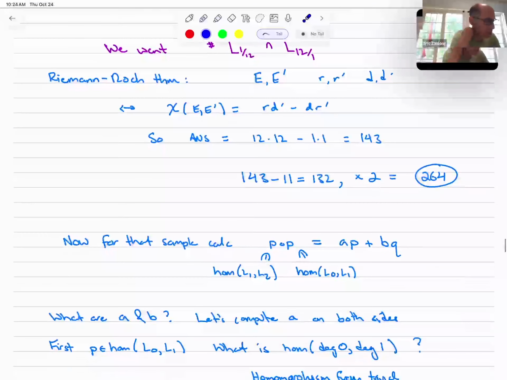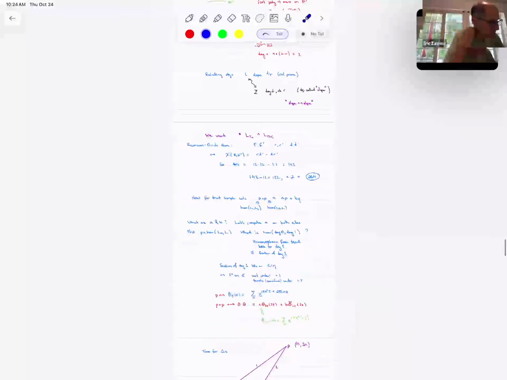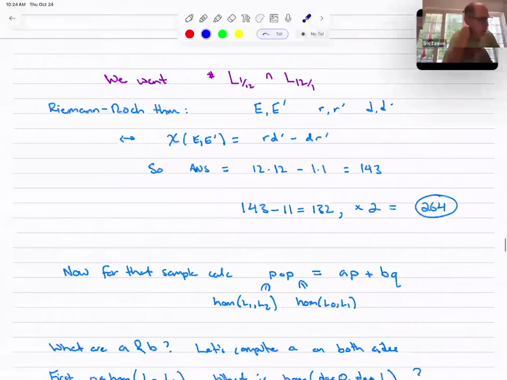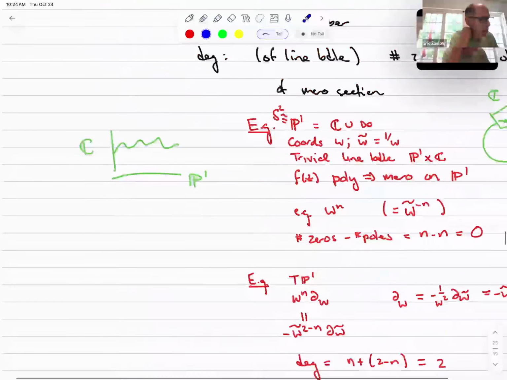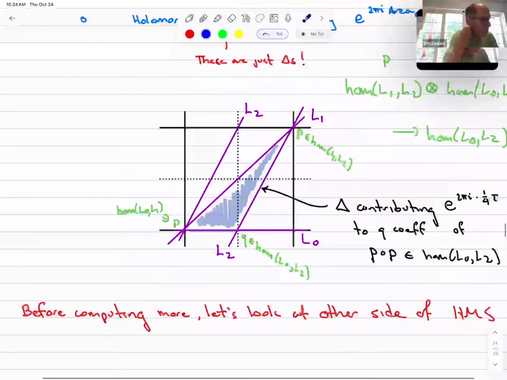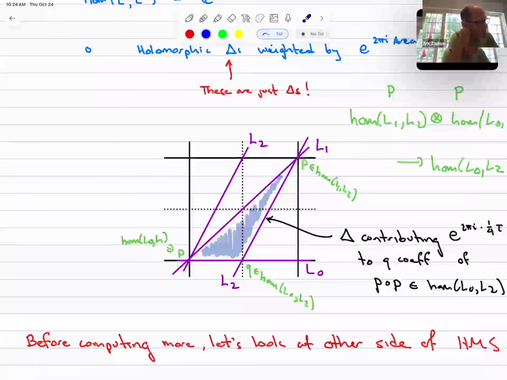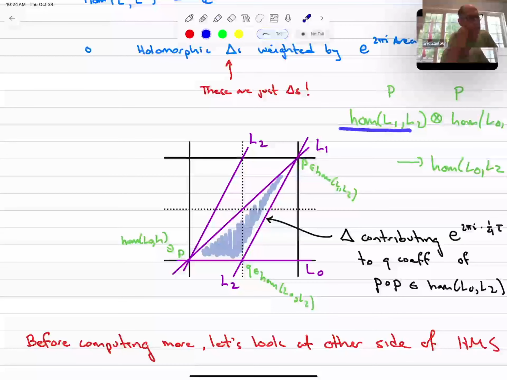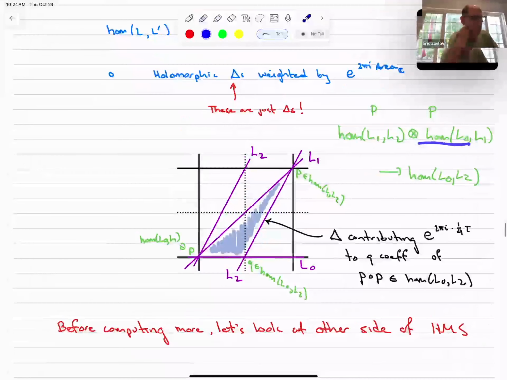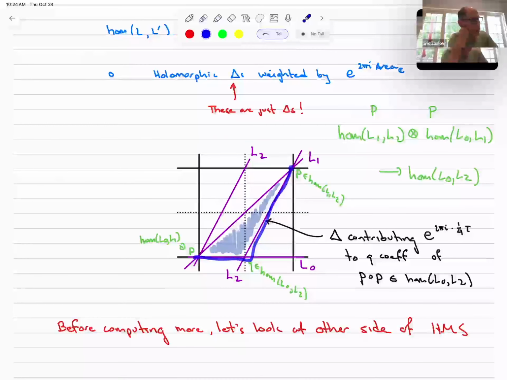Am I going to repeat the picture? Let me just go back to the picture. Yeah, so I want to compute the composition of P and P. So P in Hom(L1, L2), and P in Hom(L0, L1). It's going to involve a sum over triangles like that.